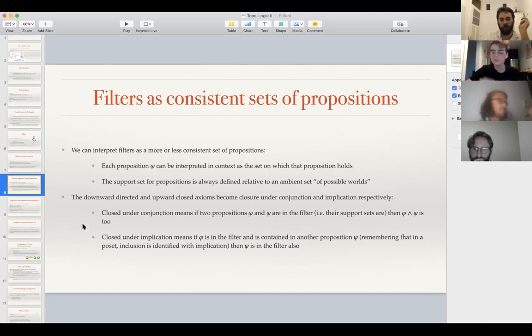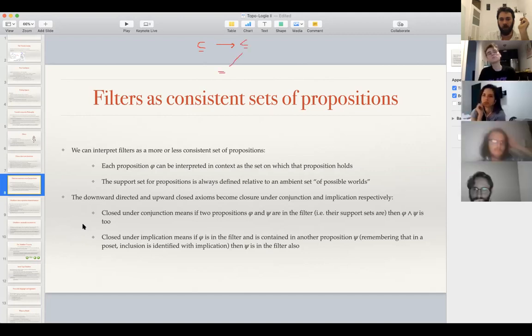Just a second, from what we just covered, filters allowed us to make really clear the connection between inclusion relations in a topology, to order relations in a poset, and now to an implicative relation in propositional logic, right? Yes.